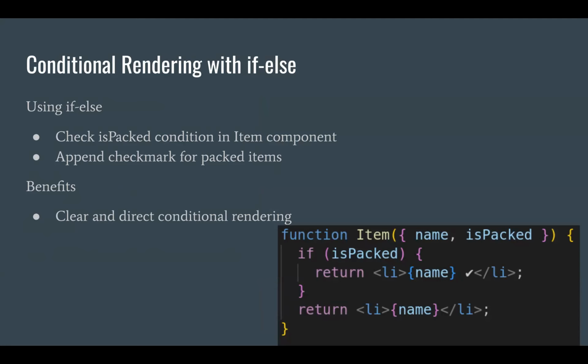By using an if else statement in our item component, we can check if an item is packed or not. If it is packed, we can append a check mark to its name. Otherwise, we can render the item as is. This approach gives us a clear, straightforward way to conditionally render different JSX based on our isPacked condition.